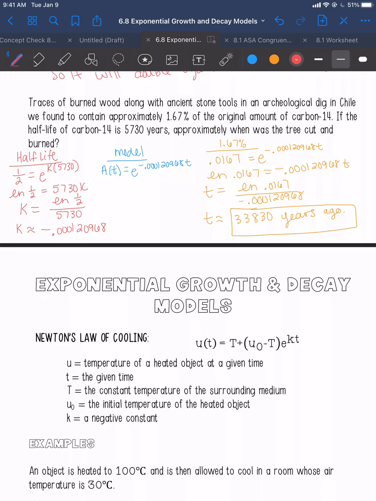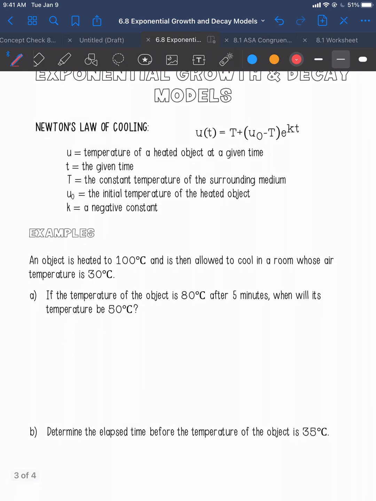So it's decreasing. So in our example here, an object heated to 100 degrees Celsius is then allowed to cool in a room whose air temperature is 30 degrees Celsius. So we need to come up with our model here. First thing we know is that capital T, the constant temperature of the surrounding medium, is 30 degrees Celsius.